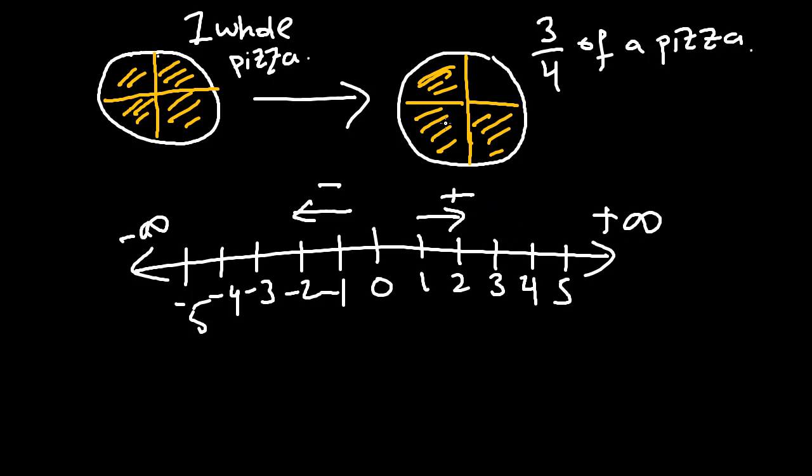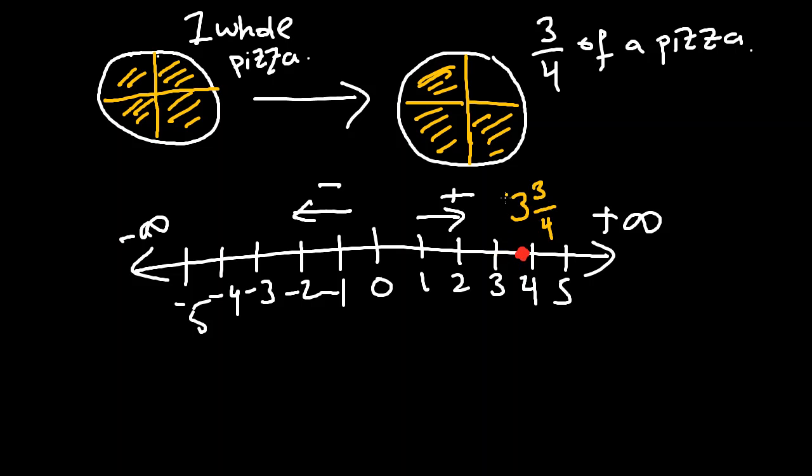Okay, and let's say I chose a random point somewhere here on the number line. So this point, let's say it's closer to 4, right? So let's say this point is 3 wholes and 3/4.